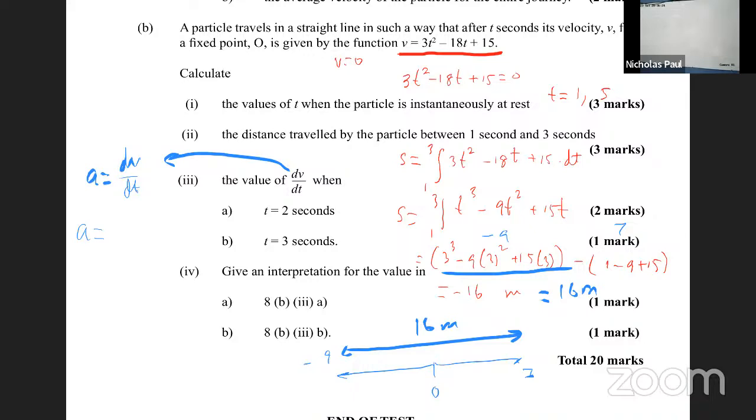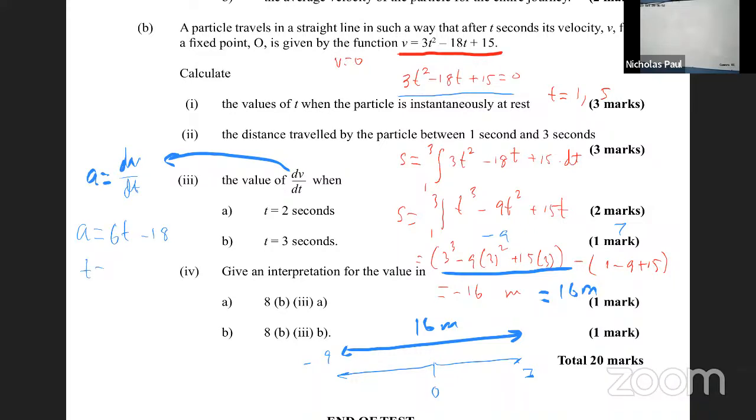What's the differential of v? No, you differentiate v. First equation: 6t minus 18. Nice. That's the acceleration.